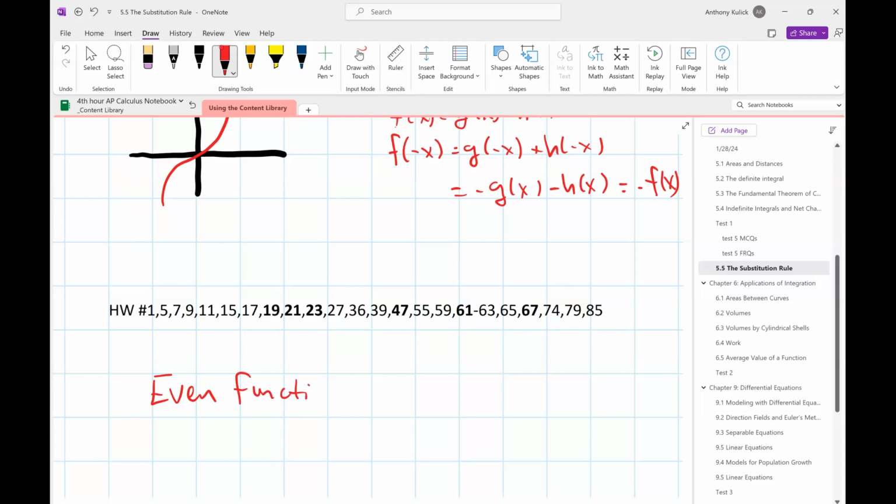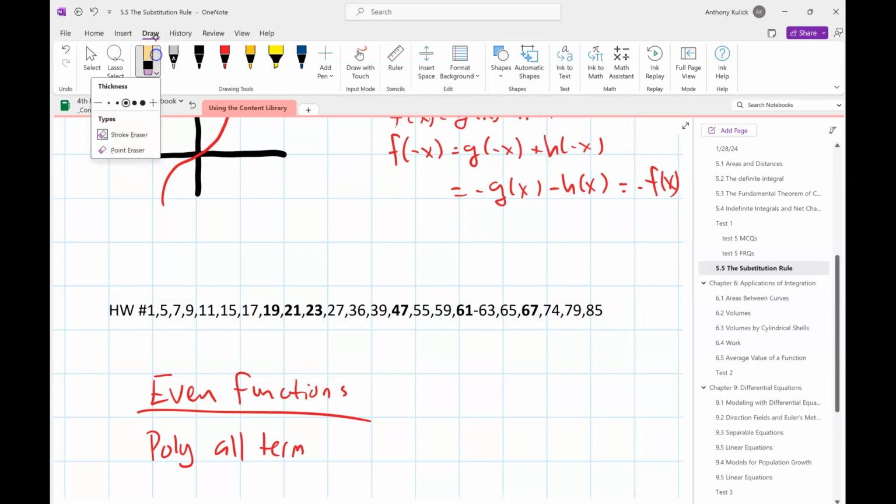So even functions, let's just review real quick. Oh, come on, stupid thing.